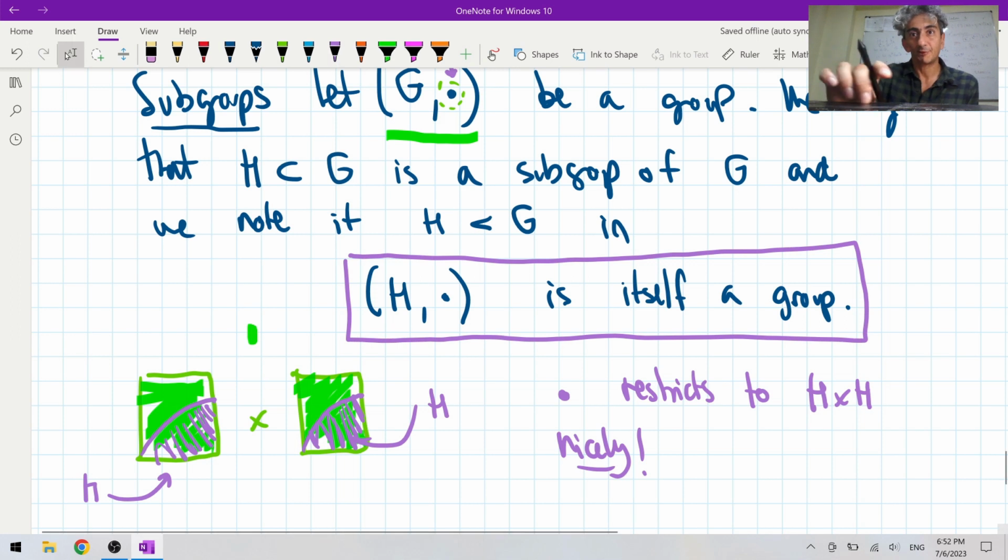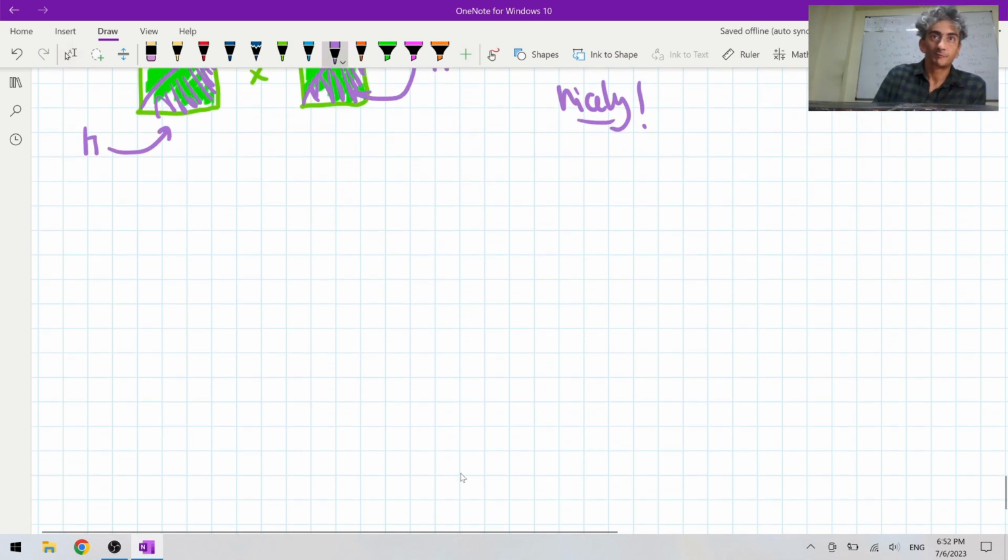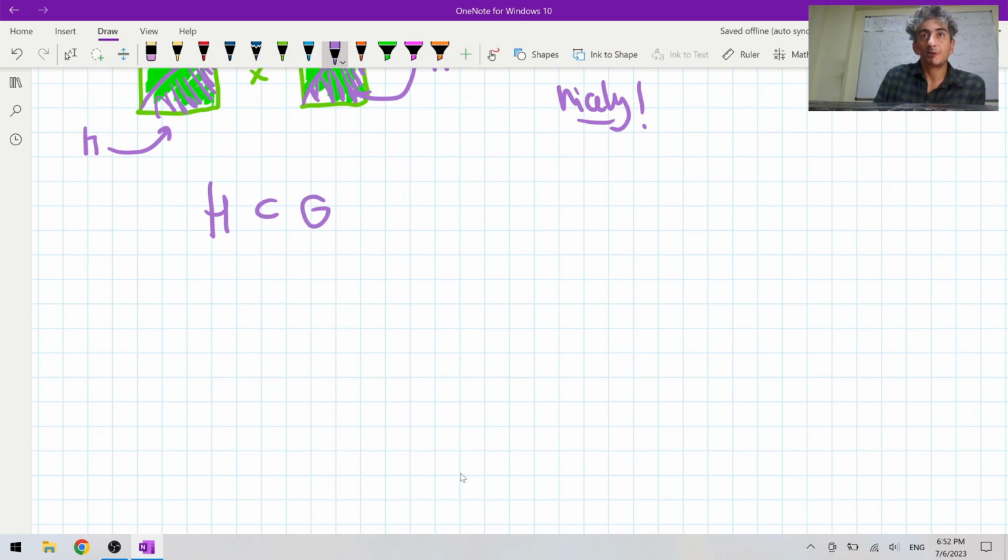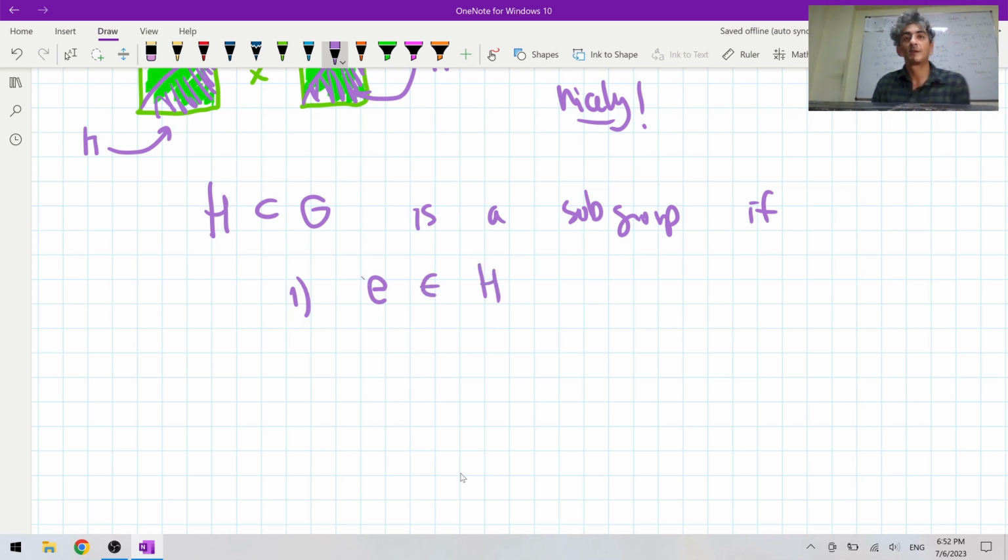So H as a subset of G is a subgroup if, well, first of all, the identity element of G needs to belong to H. So this also means that H is a non-empty set.